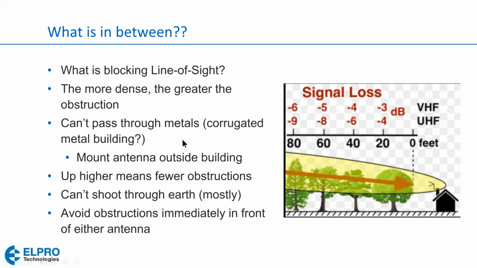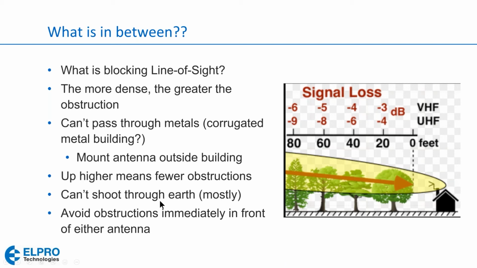So, for example, if we have an antenna inside of a corrugated steel building, we have to mount the antenna outside of that building. Now, there will be exceptions if the building has windows. If there is a couple of windows in the direction that we need to shoot the signals, then it might work, but we probably have to test it with a demo kit. And I'm going to talk about our demo kit in a couple of minutes as well.